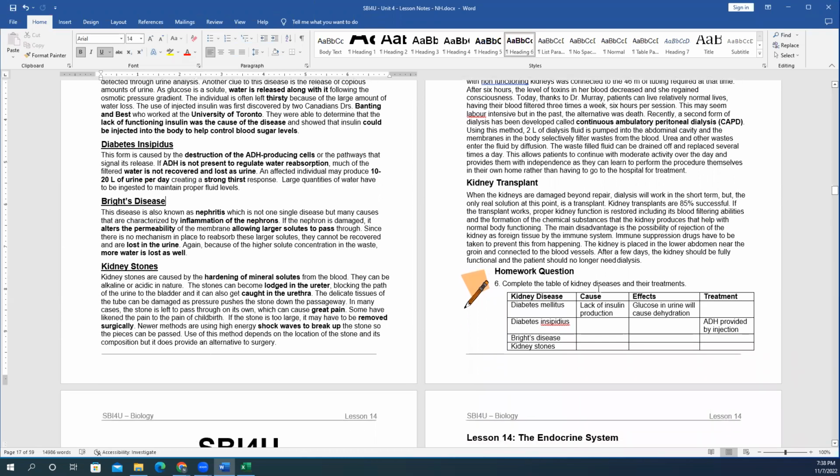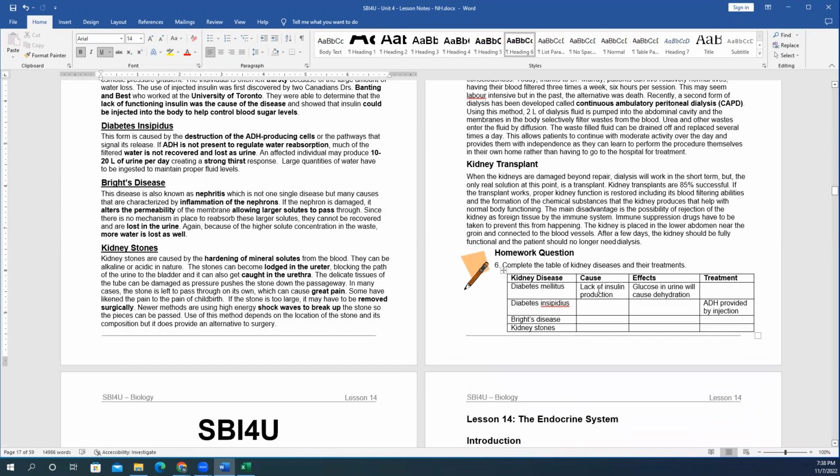The other form of treatment for kidney disease is a kidney transplant. This is at the point where the kidneys are damaged beyond any repair, where dialysis can only work in the short term, but the only real solution when the kidneys are so far damaged is a transplant.